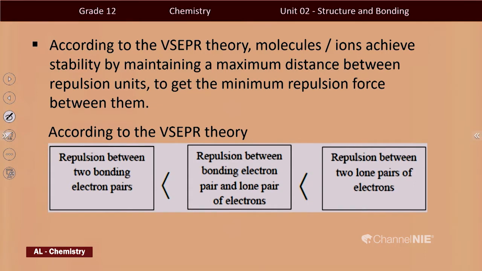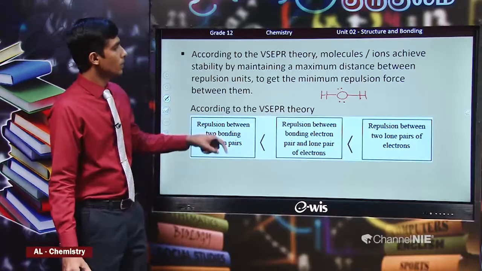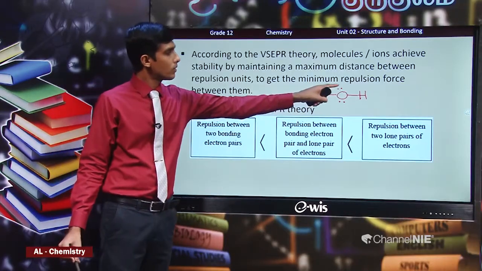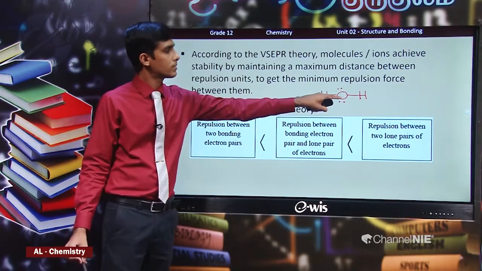Consider a simple molecule like water. In this one, you can see around oxygen 2 lone pairs and 2 bonding pairs.